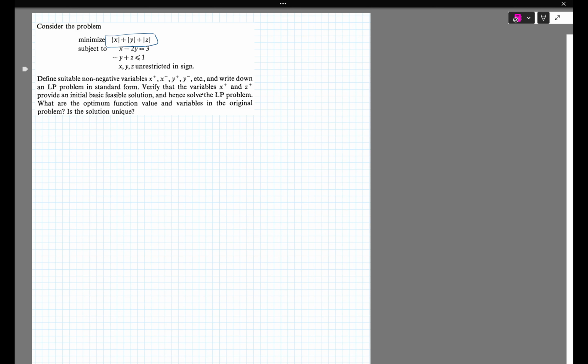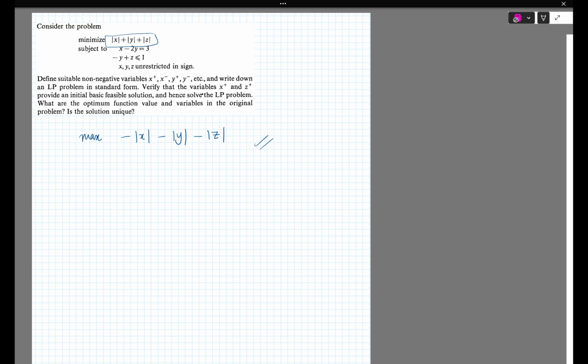First, we change it to a maximize problem. Just minus of it: minus of mod x, minus of mod y, minus of mod z. Is it correct? If maximum z is f(x), then minimum z is minus of f(x). So this will be correct: minus mod x minus mod y minus mod z, and we will solve and then take the values.